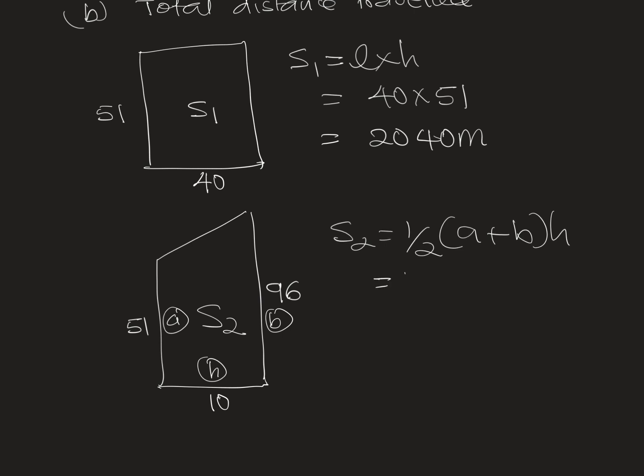So this will be half, A is 51, plus B is 96, multiplied by the height, which is 10. So what do we have? Half of 51 plus 96 multiplied by 10. We have 735 meters. That is S2.